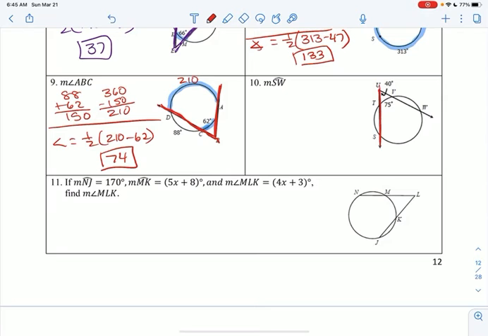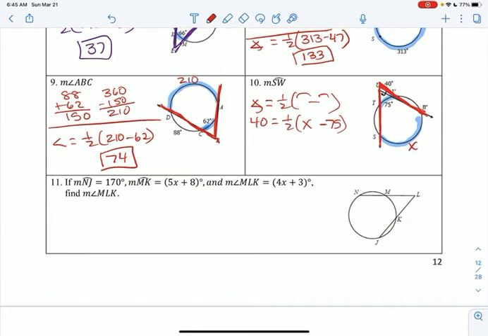And let's see, this one is different because they're giving me the angle and they're giving me one of the arcs and they're not giving me the other arc. But it's still the same thing. The angle equals 1/2 the difference of the arcs. The angle is 40. It has to be the bigger arc minus the smaller arc, so it's x minus 75.